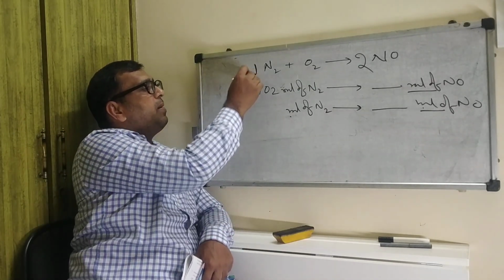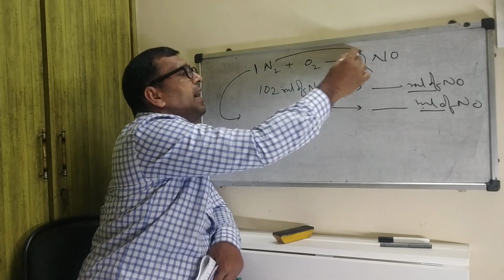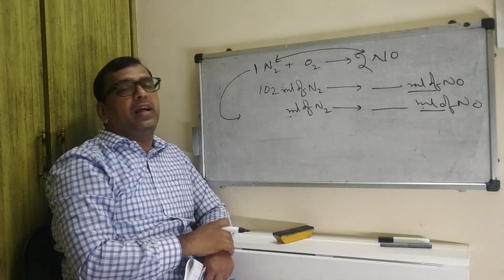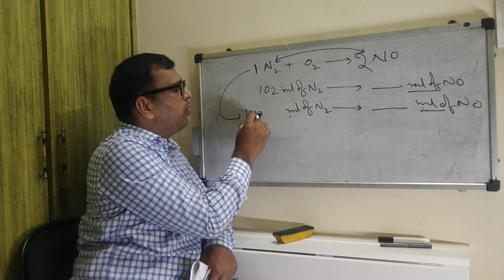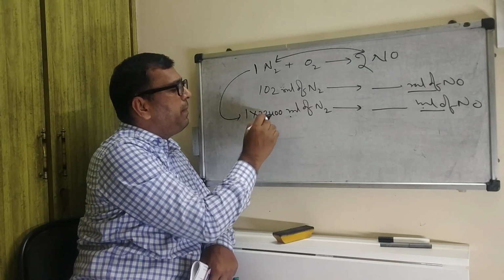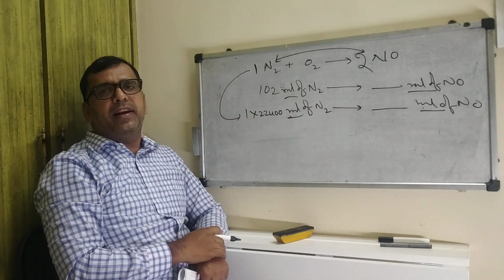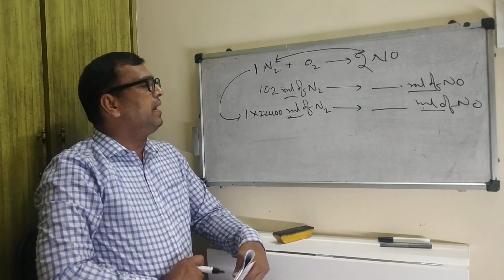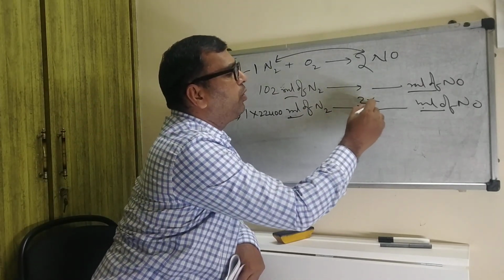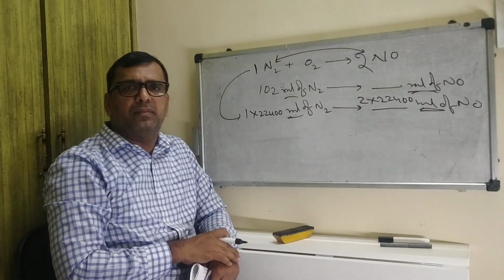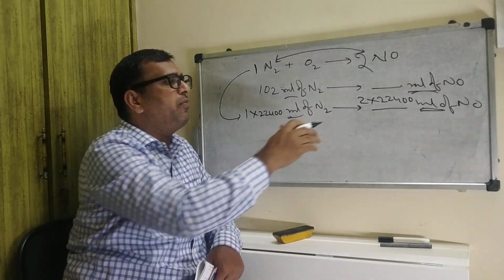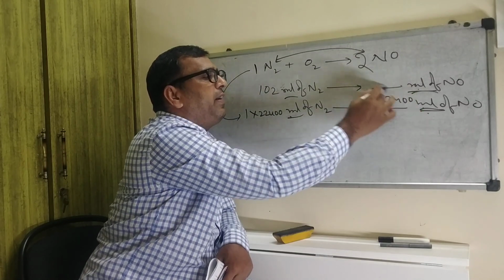Now the relation between nitrogen and NO, nitric oxide. 1 into 22,400 ml of nitrogen gives 2 into 22,400 ml of NO. Why ml? Because the given information is in ml, so that way you take ml.